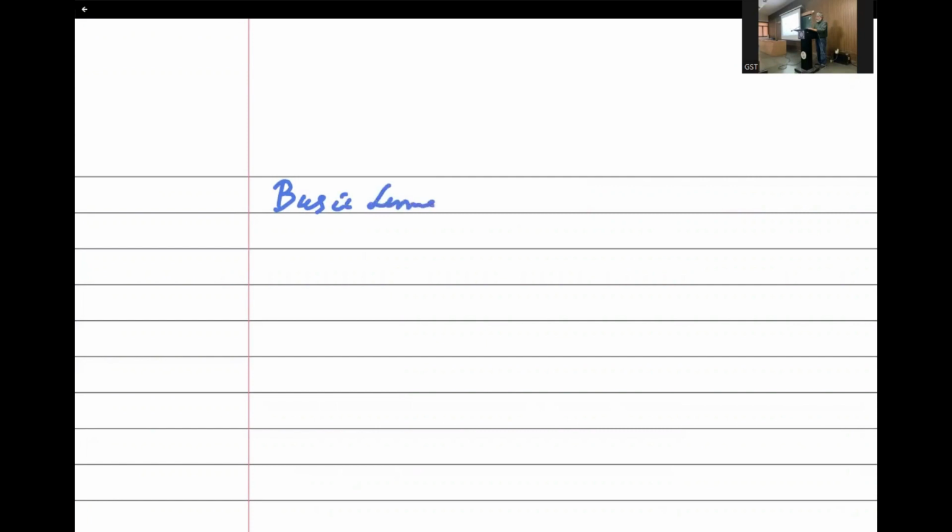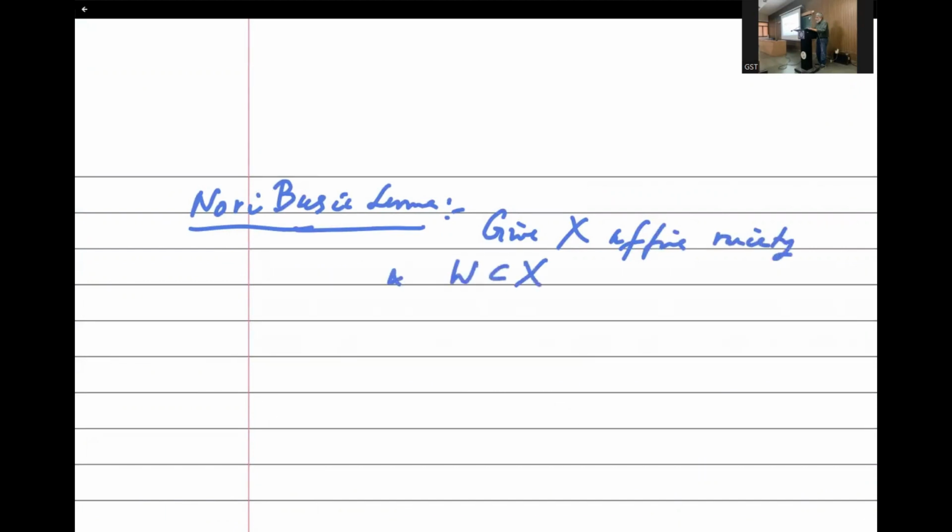So what is the basic lemma? What he says is, given X an affine variety and W contained in X a closed subvariety, there exists Y contained in X, a divisor, well, actually divisor is not stated, but by construction it's going to be, which contains W, and such that you're not adding any components of dimension n.